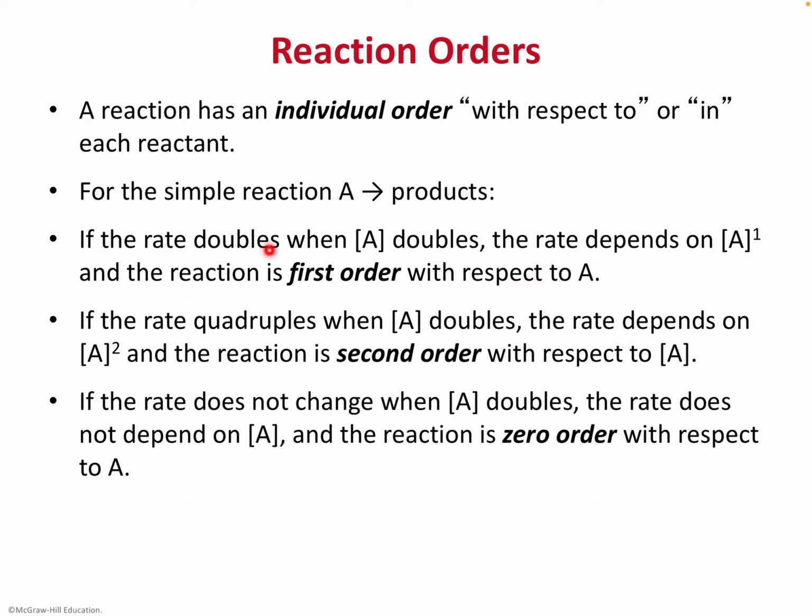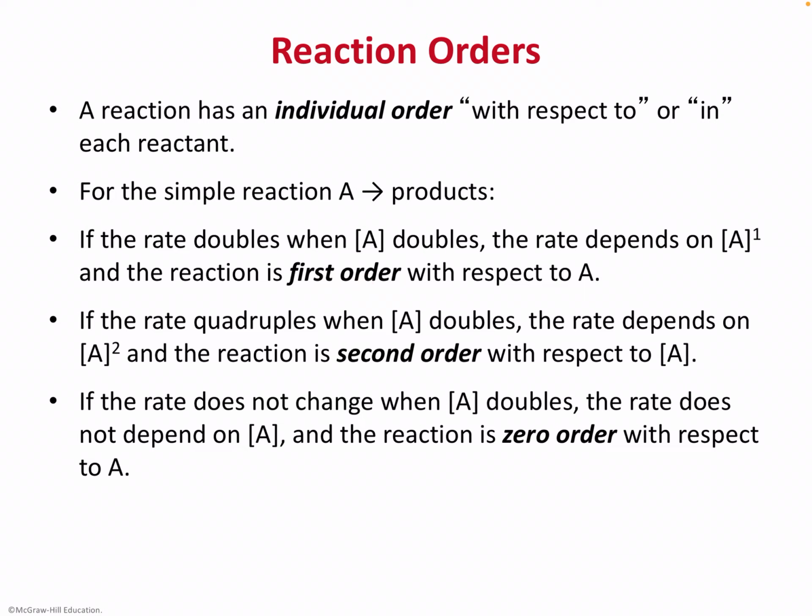Let's say we are running a reaction and we put in a certain amount of reactant and then we double it. When you double the concentration of A, if we observe that the rate also doubles, we say that the rate depends on A to the first order, and the reaction is first order with respect to A.